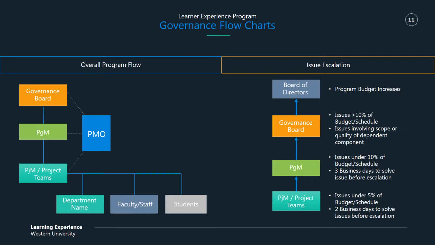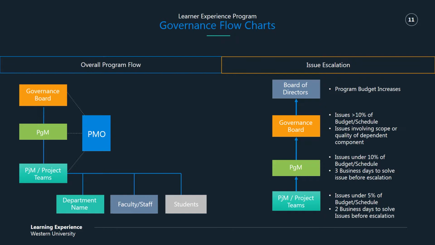Then we also have our escalation of issues. Starting at the bottom, we have our project and project teams. Issues under 5% of budget and schedule can be handled under the authorization of the project manager. They have 2 days to solve issues before they must escalate up to our next level, our program manager.